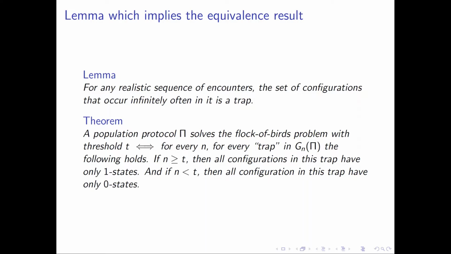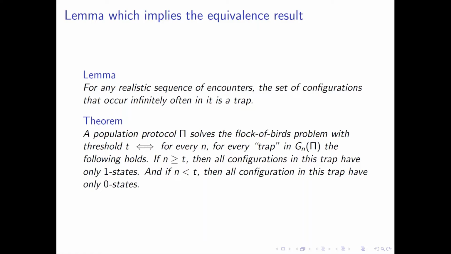Since my pi solves my problem, starting from some moment I will have only configurations that have only one state. In particular, all configurations that occur infinitely often in this computation have only one state.